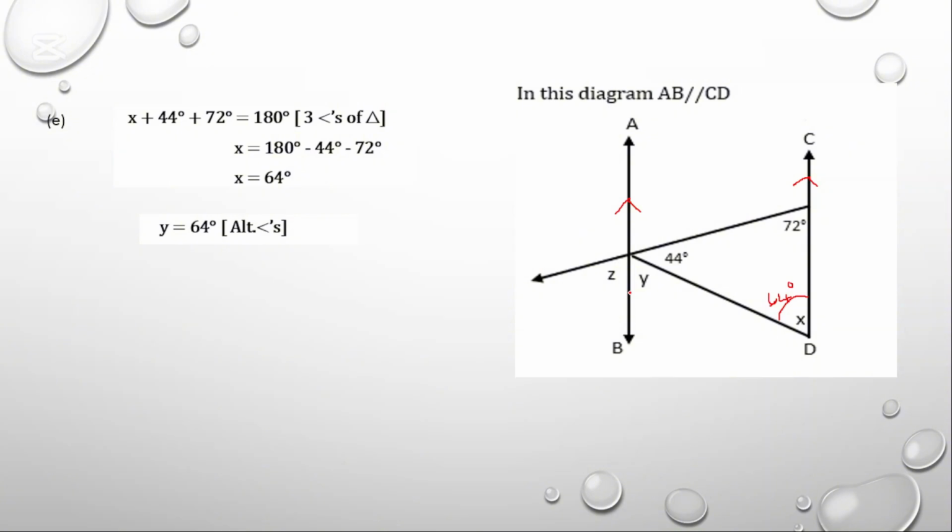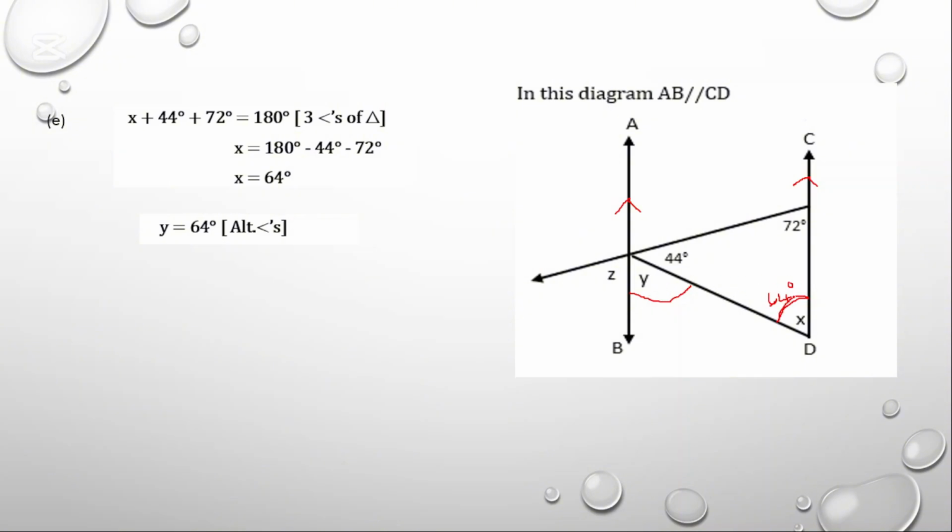From the parallel line to the transversal, and X is from the parallel line to the transversal there. So these two angles, they are alternate angles because they are also in between the parallel lines. So alternate interior angles.